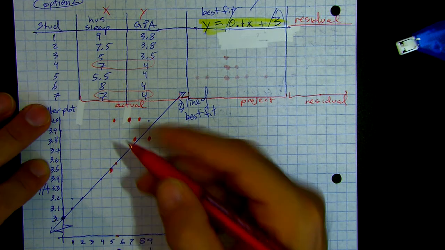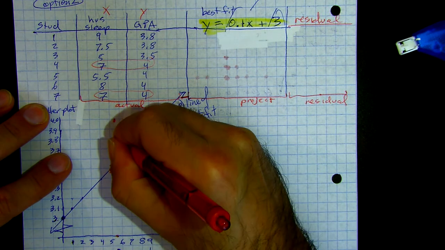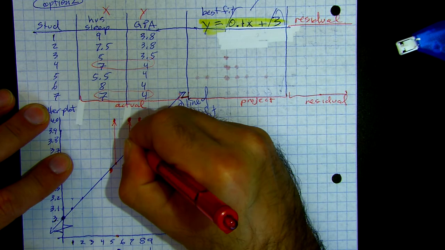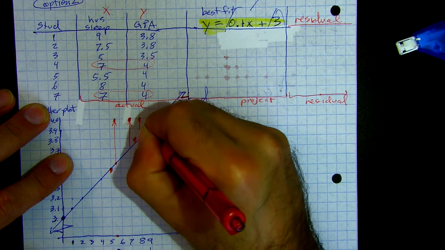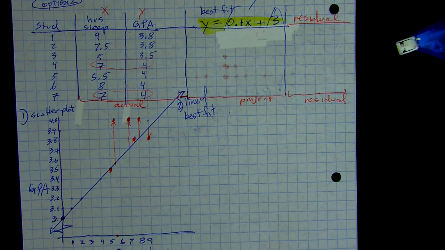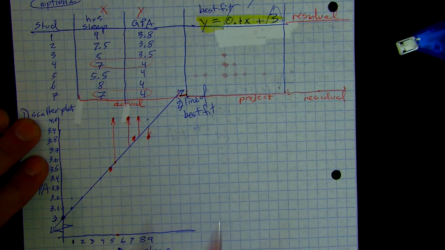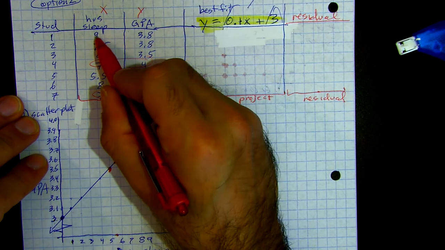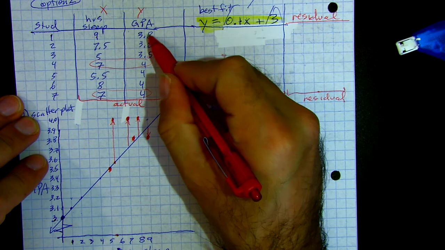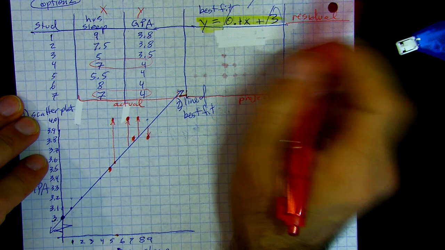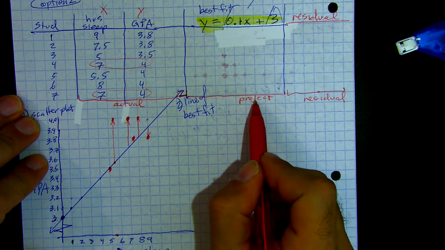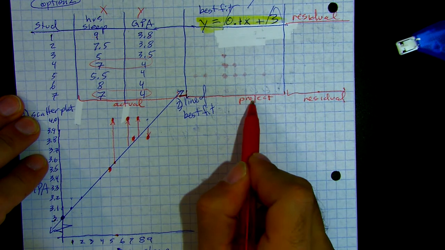So the residual is, remember, how far up or how far down the point is from the line of best fit. You see? So we're figuring out those residuals. How we're doing it is, we're going to plug in the hours of sleep into the best fit line, and then subtract it from the GPA that you actually got. That's going to show you how far off the actual is from the projected.